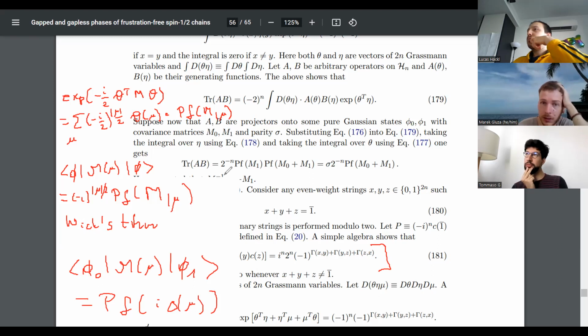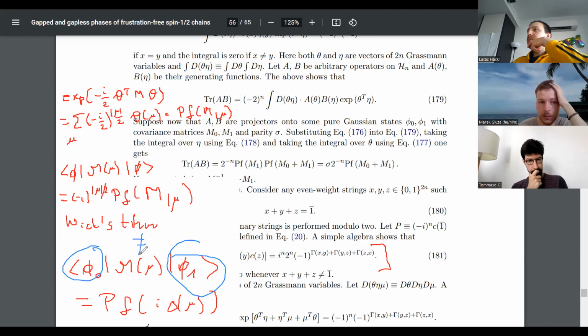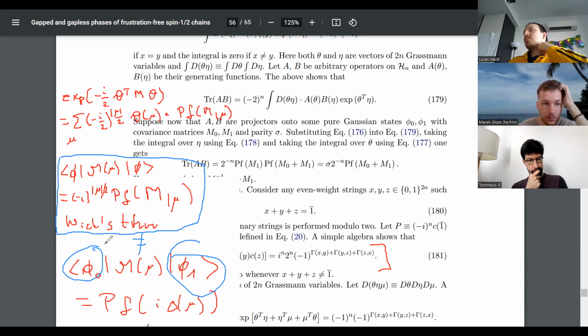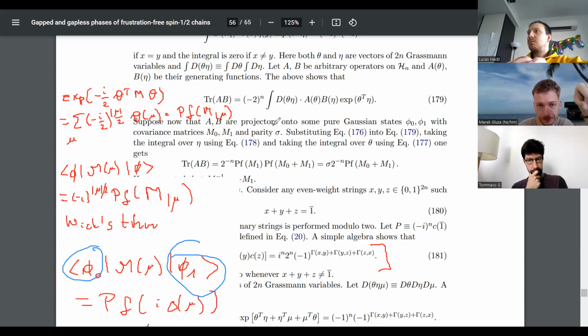So the only difference is what happens if you have two different Gaussian states that are possibly non-equal. If they are equal, then this is the classic result, which they refer to as Wick's theorem, and this they call the generalized Wick's theorem. So this is where we want to go.